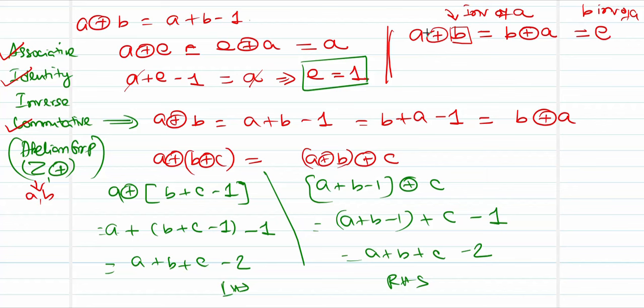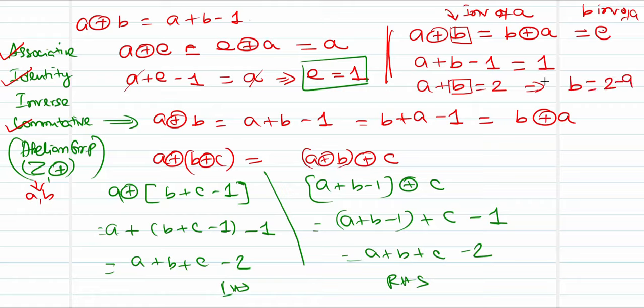Now how is a ⊕ b defined? a + b − 1 must be equal to e. What do we know about e? e is equal to 1. So what will happen? a + b will be equal to 1 + 1. If it goes to the opposite side, 1 + 1 will become equal to 2. My target is to find my b. So b will be equal to 2 − a.